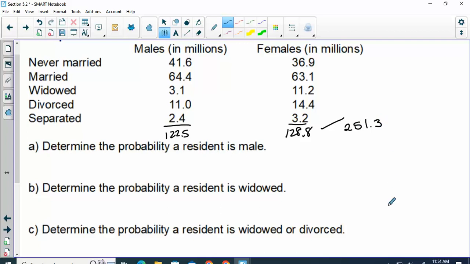Let's take a grand total of 251.3 million. So if I want the probability a resident is male, this is more like yesterday, it's just a straightforward probability. How many males do we have?